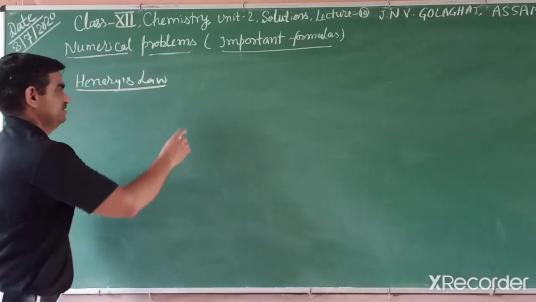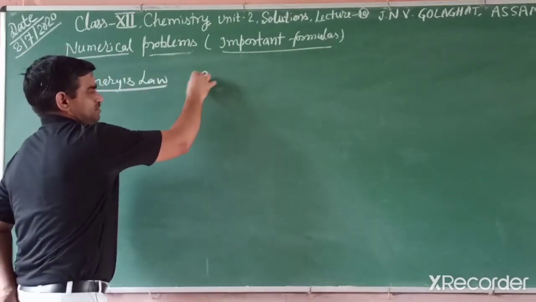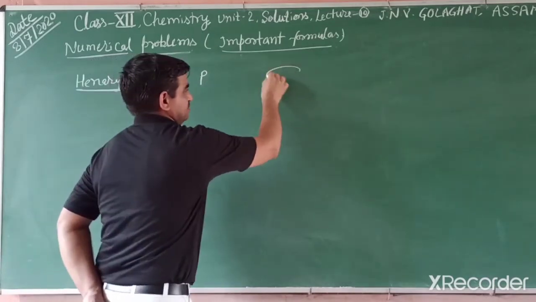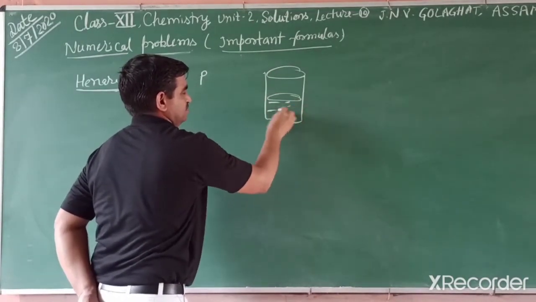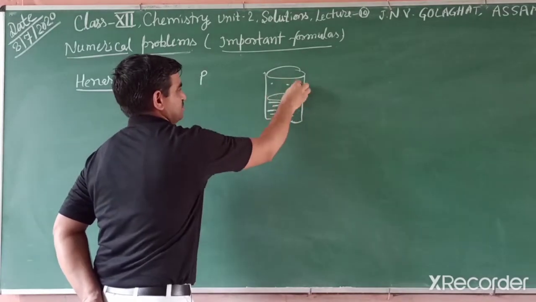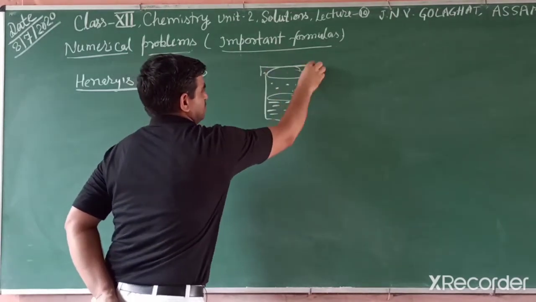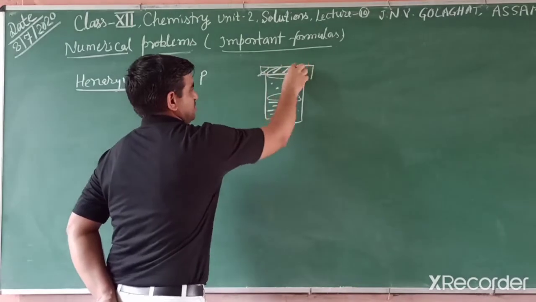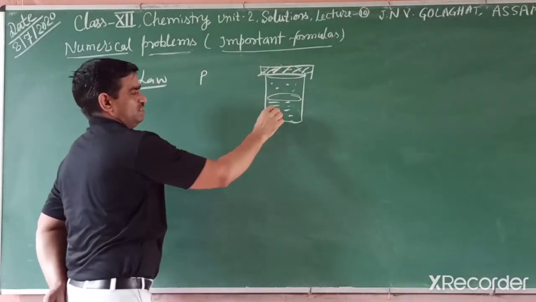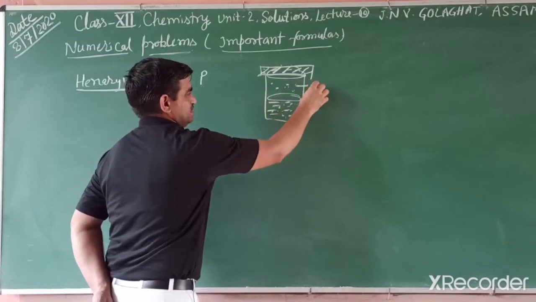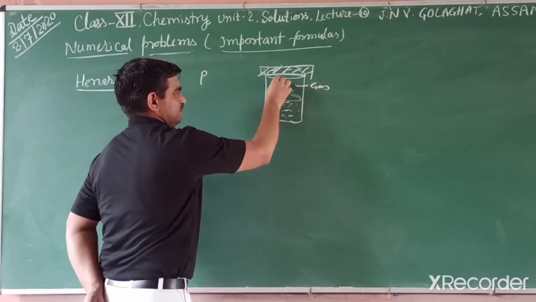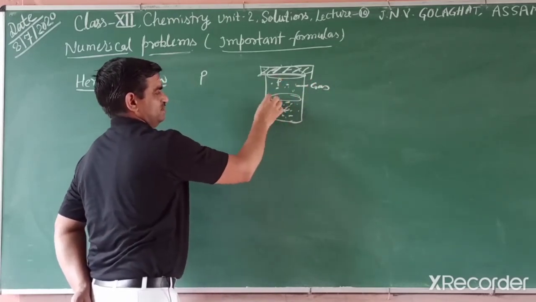Earlier we already studied partial pressure. Like this, you already know, in a container liquid and gas are present. If you apply pressure, then what happens? This one is the solution and this one is the gaseous state. So this one is partial pressure, this one mole fraction.